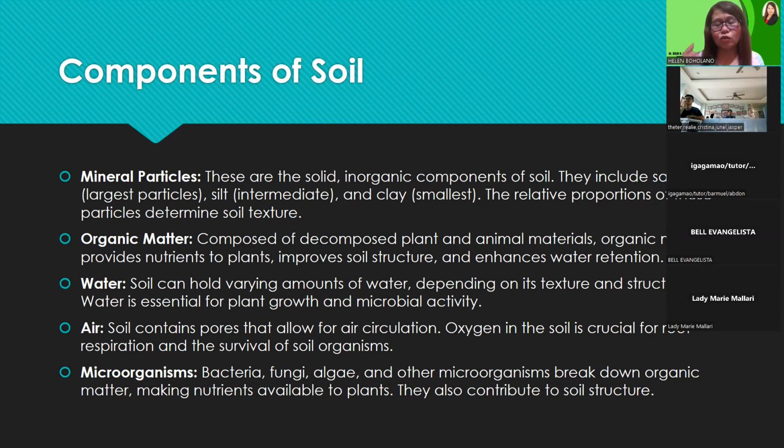So these are organic matter. Water also. Soil can hold varying amounts of water depending on its texture and structure. Water is essential for plant growth and microbial activity.